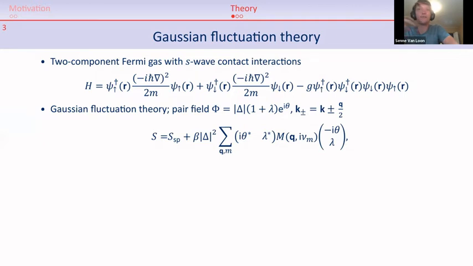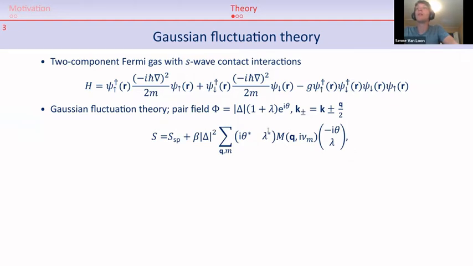And you can expand for small modulus and phase fluctuations to get some Gaussian action, which is something you can really do something with, and the result is something like this.